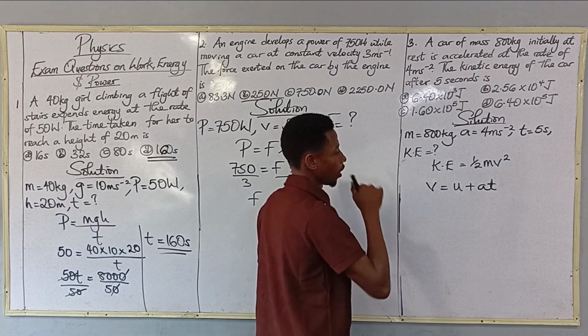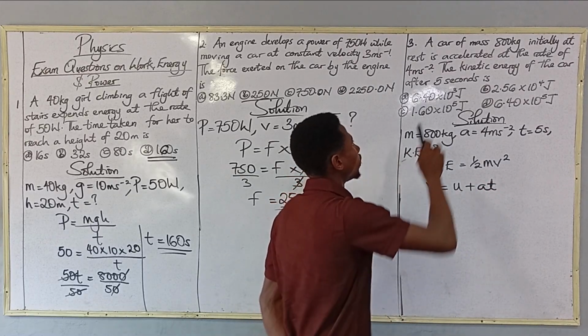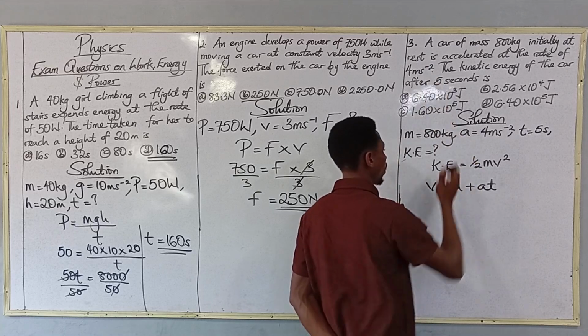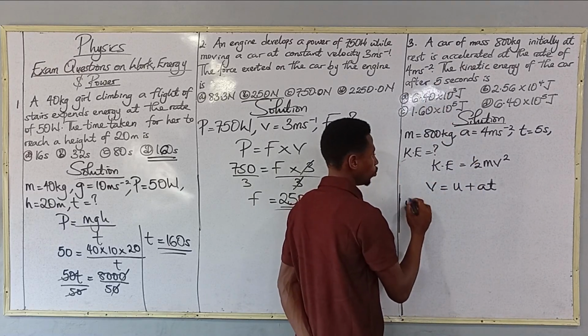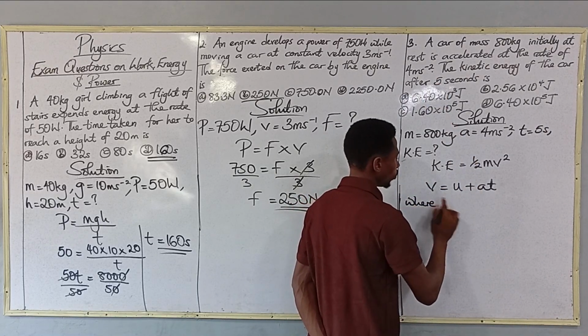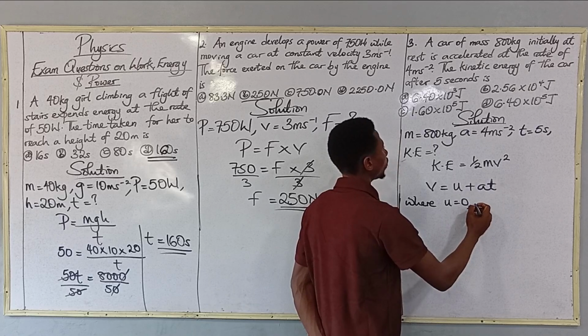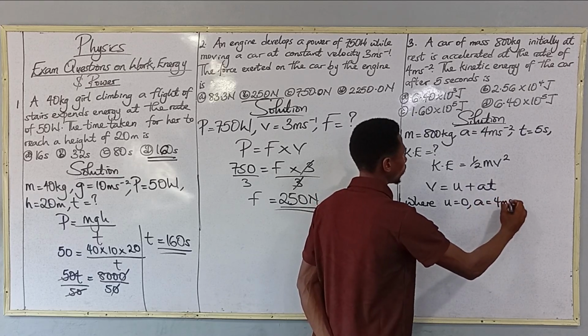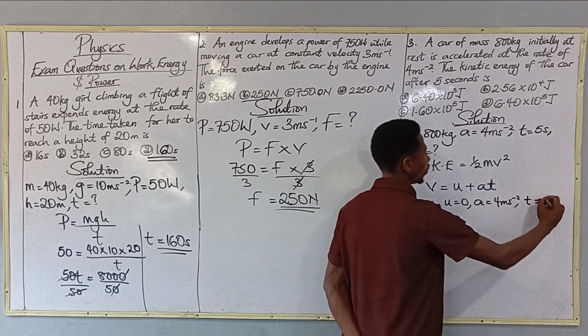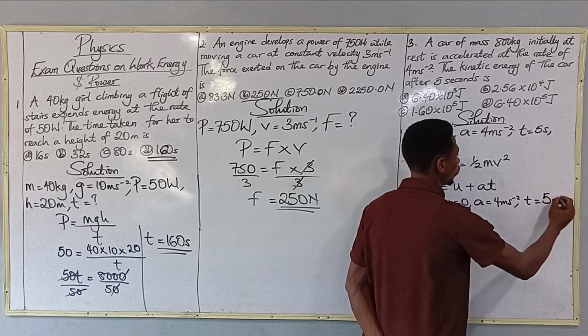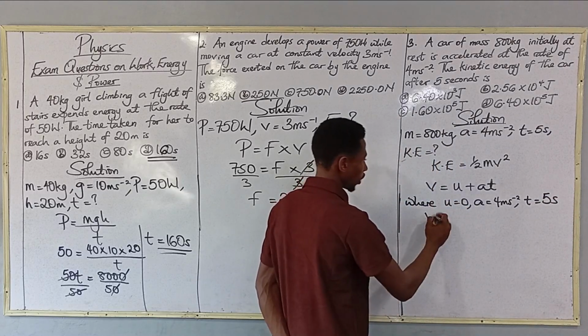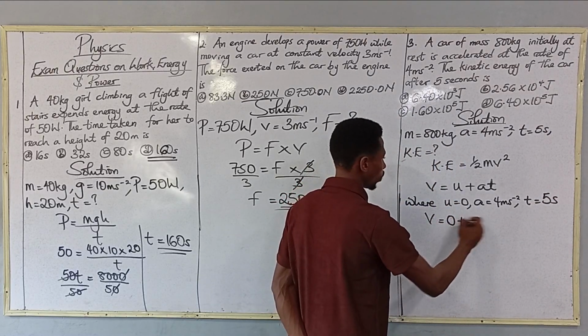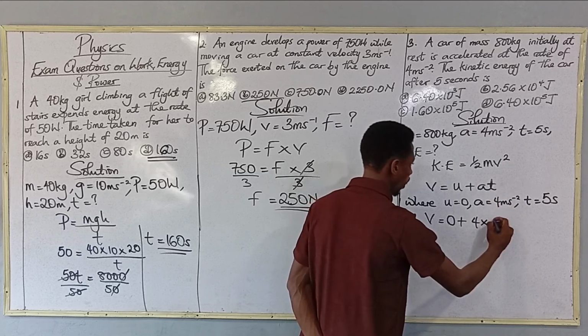So using this, we can find v. It's accelerated from rest, and when it's from rest, u is equal to 0. Acceleration is 4 meters per second square. The time is 5 seconds. Using these details, we can find v now. So we can say v is equal to u, 0, plus a, 4, times t, 5.